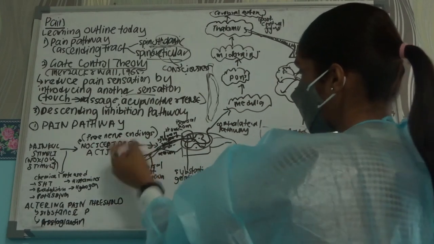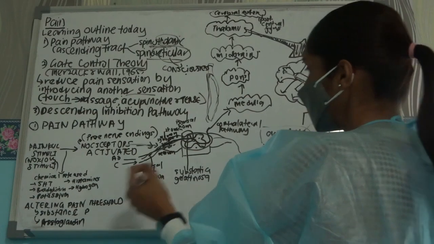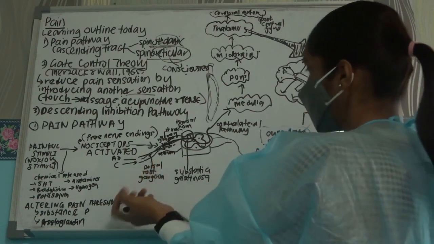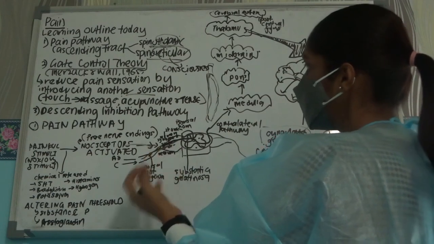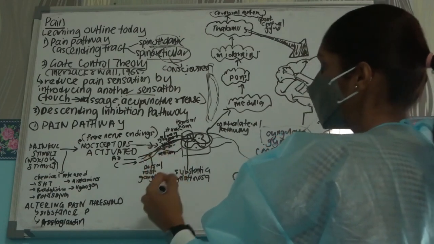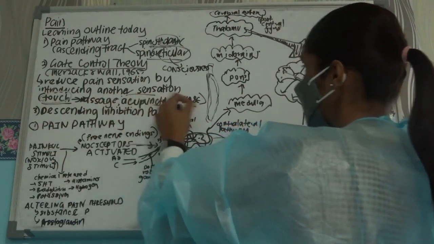This touch sensation usually will release some neurotransmitters that will make the C fiber compress, so it will reduce the pain sensation. The touch we mean is by massage, acupuncture or TENS.